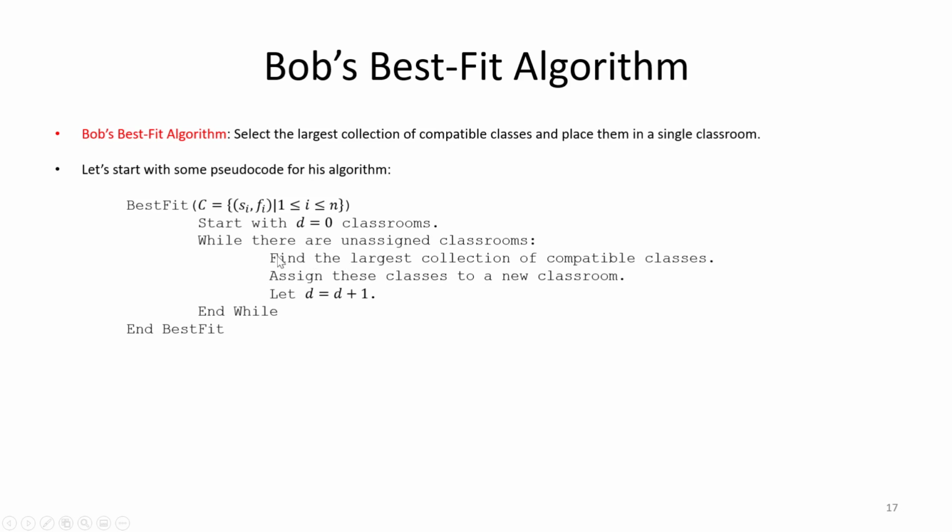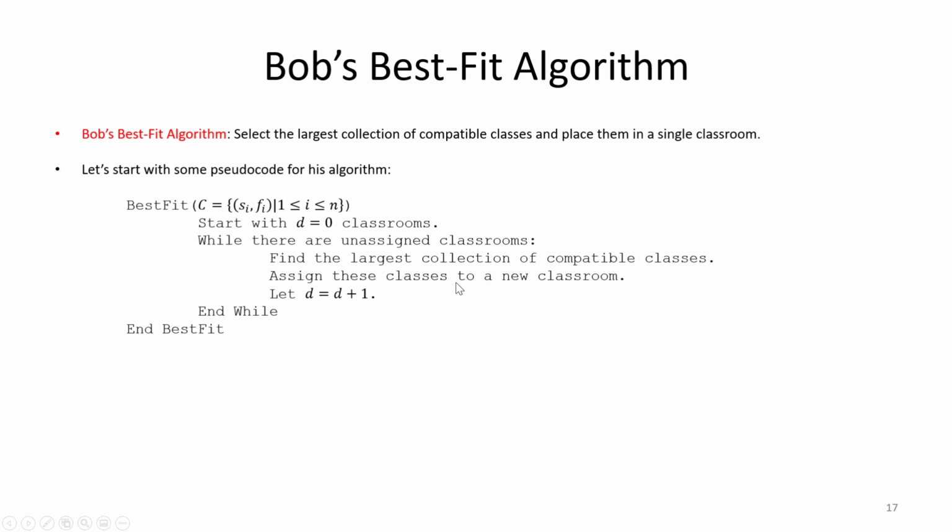And this inner step is likely going to use a loop too. And it's probably going to be about looping over all of the classes. If we're trying to find the collection of classes, at least we're probably going to have to look at all the classes. So there is some hidden inner loop here, but we can probably anticipate that if our upper limit on D is n as well, we get maybe n and n, okay?